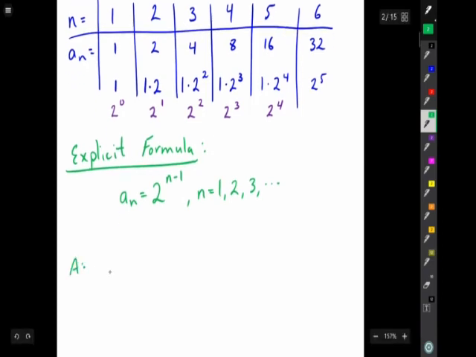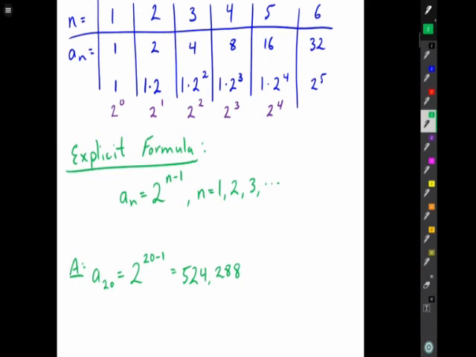So the answer to that question earlier, A20, well, that's 2 to the 20 minus 1, which is 2 to the 19, which is 524,288, if you were interested. This is something you could toss into Mathematica to double check. So the explicit formula is, generally speaking, a lot easier to work with.